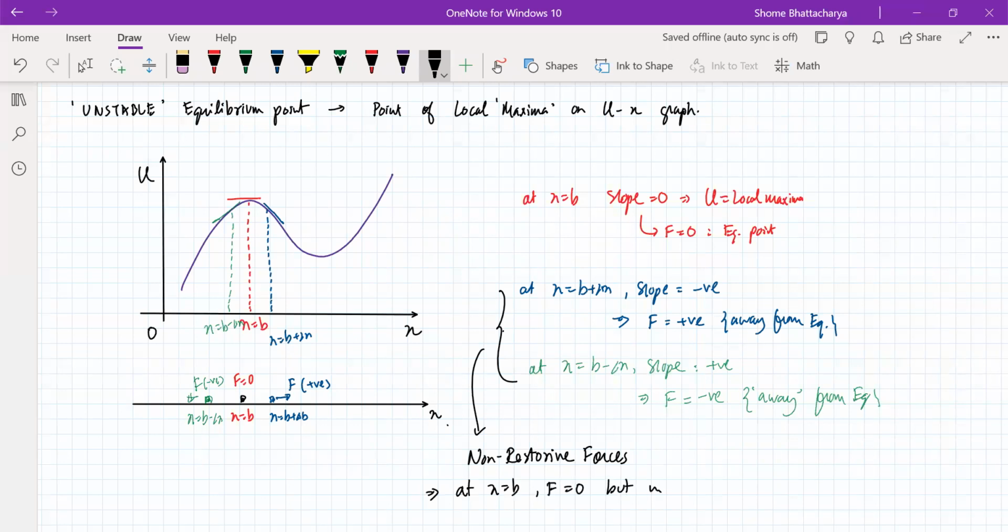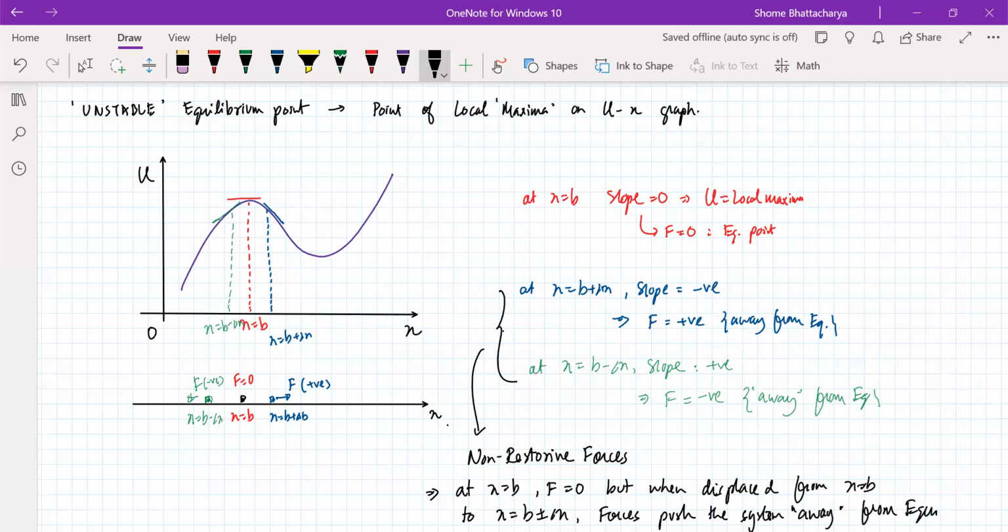But when displaced from x equal to b to x equal to b plus or minus delta x, the forces push the system away from equilibrium. So this is a property of an unstable equilibrium point.